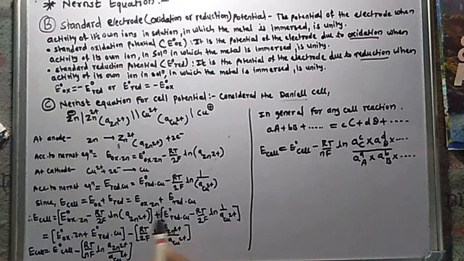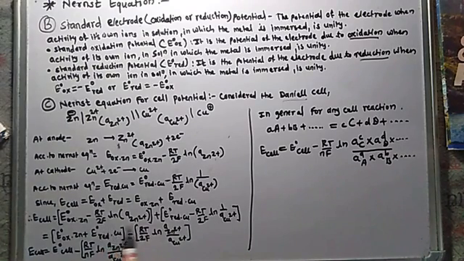If we combine these two half cells, we get E cell equal to E standard oxidation of Zn minus RT upon 2F ln activity of Zn2+. This is one of the half cells. Another half cell is E standard reduction of Cu minus RT upon 2F ln 1 divided by activity of Cu2+.